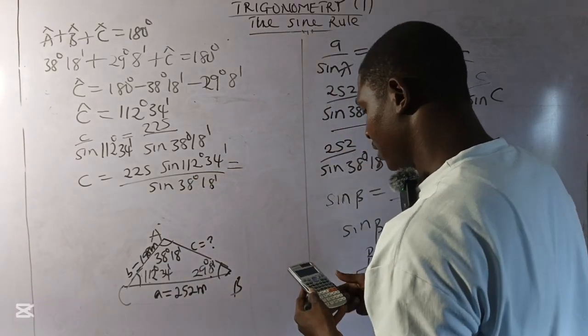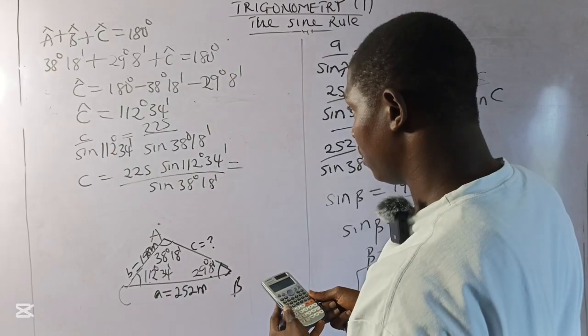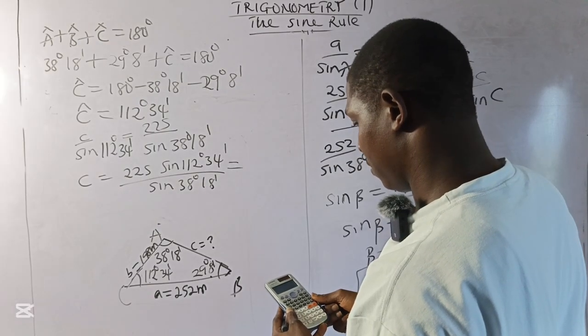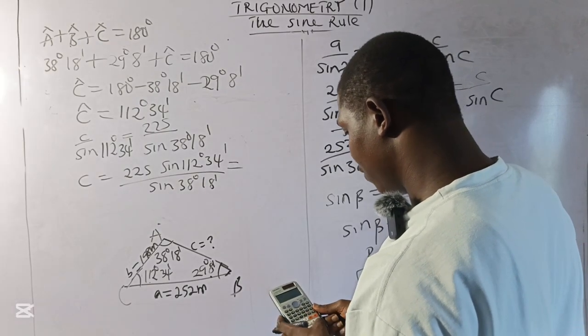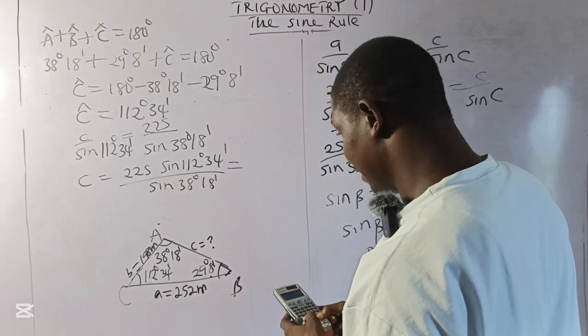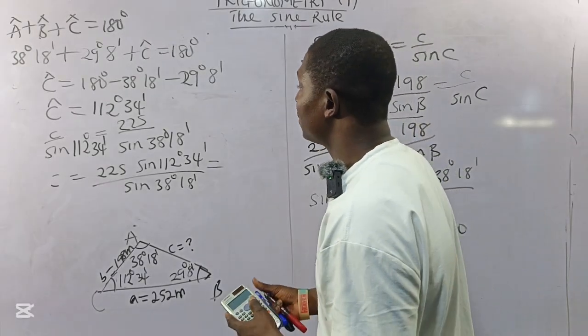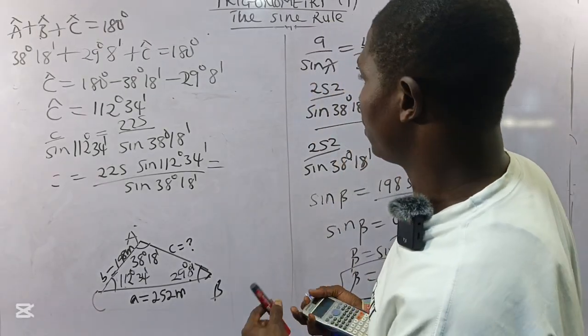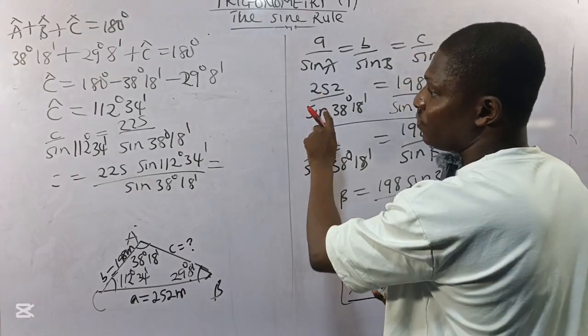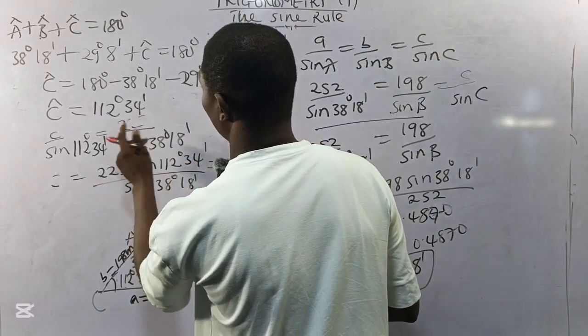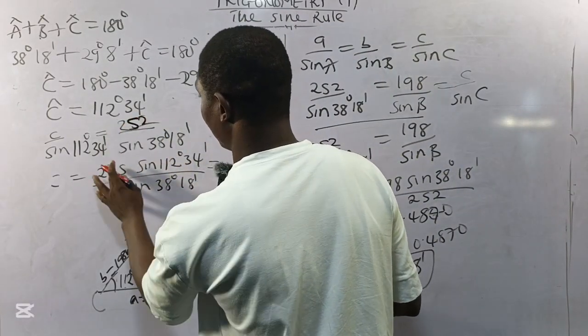And if I get my value, sine of this value, sine of this times. So if we check, this should be 252, not 225.